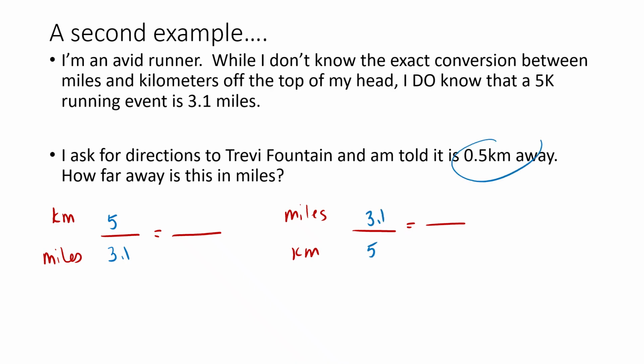And what the waitress told me was that Trevi Fountain was half a kilometer away. So when I go to put that half in, I just need to make sure that I put the half in the kilometers line, where I have decided to put kilometers. So in this case, it's 0.5. And then what I want to know is, what is that in miles? And so over here, there's my unknown.